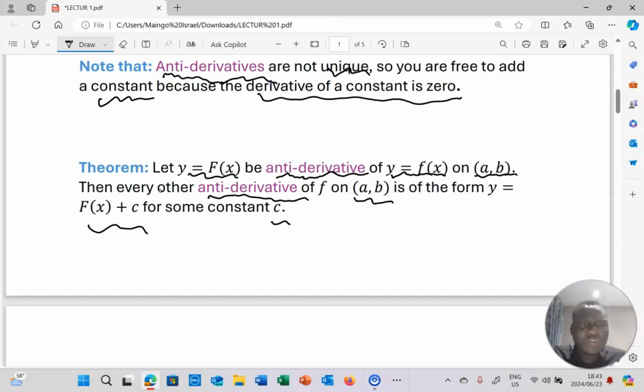That means if you let y equals F of x be an antiderivative of y equals f of x on an interval (a, b), then every other antiderivative of f is of the form y equals F of x plus c. That means we need to add a constant. So that's what this theorem is saying.